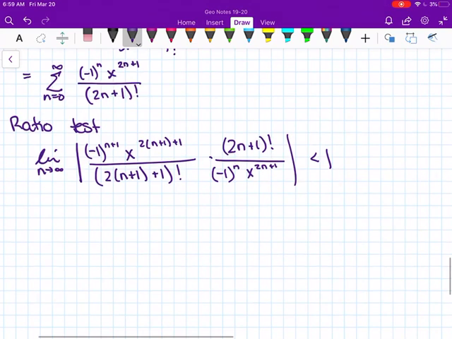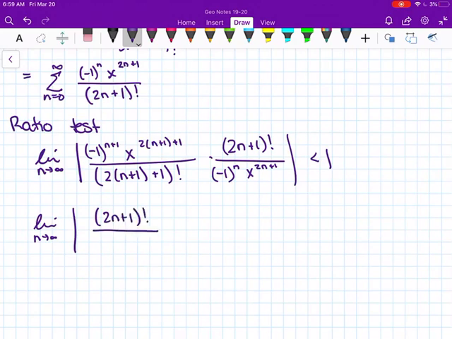And so here we go. Limit as n goes to infinity. And the negative ones don't really matter because I am taking the absolute value. So on the numerator, I have 2n plus 1 factorial. And then on the denominator, I have 2n plus 3 factorial.